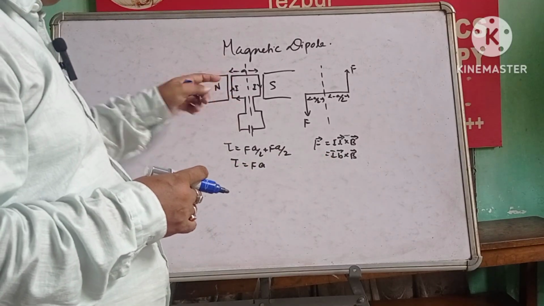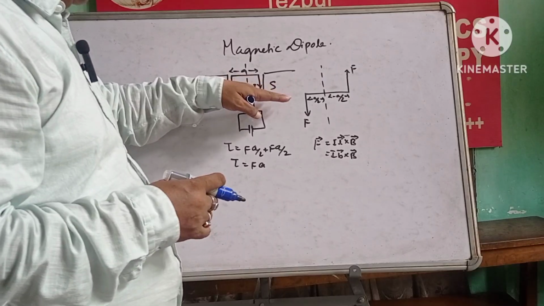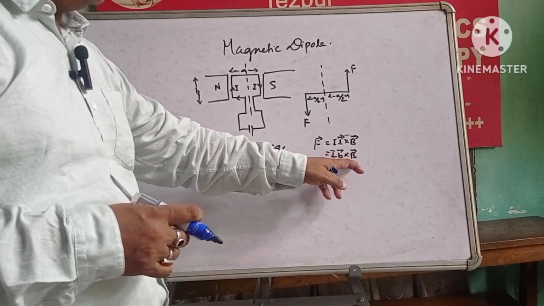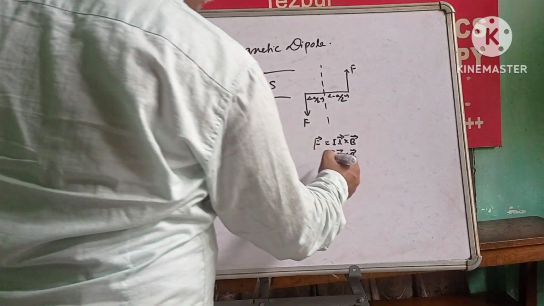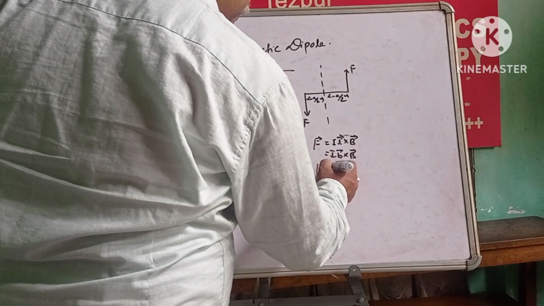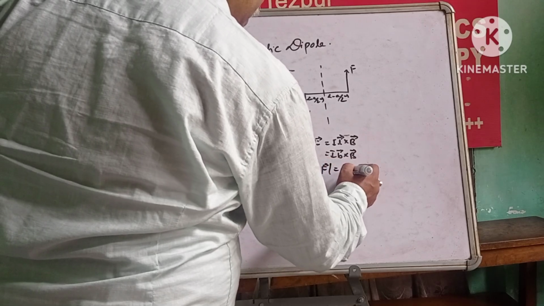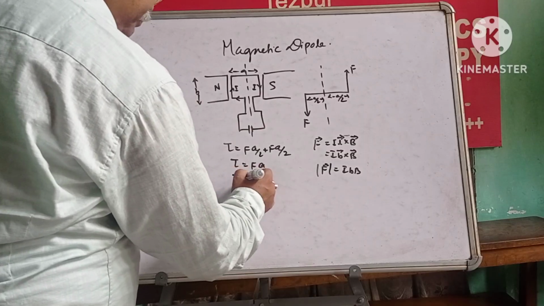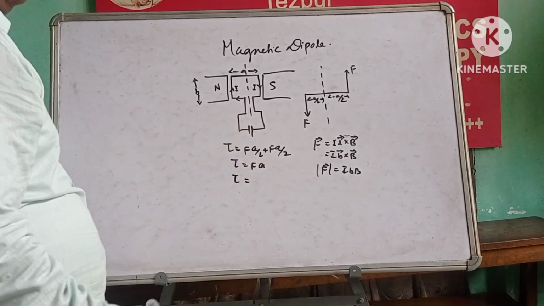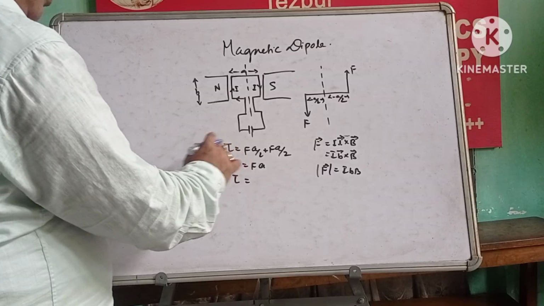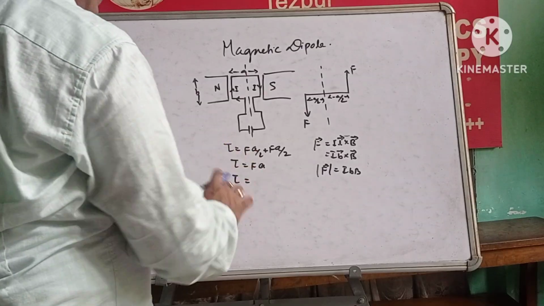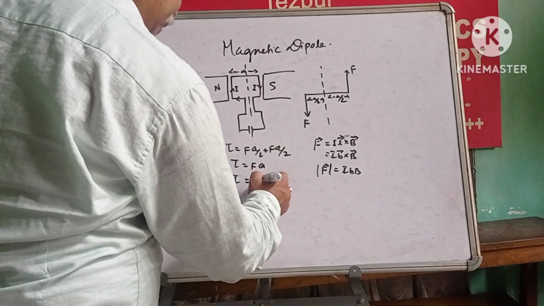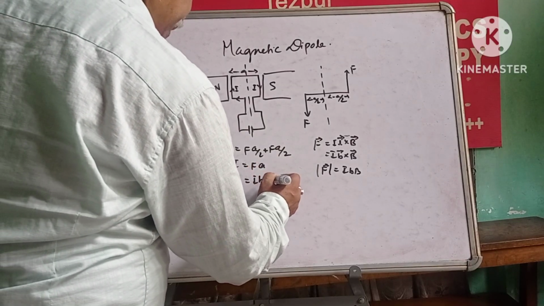The direction of the current is upward, and the magnetic field is in the horizontal direction, so the angle between small b and capital B is 90 degrees. So the magnitude of this force is equal to I b B. We are considering only the magnitude, not representing it in vector form. So this F is equal to I b B.